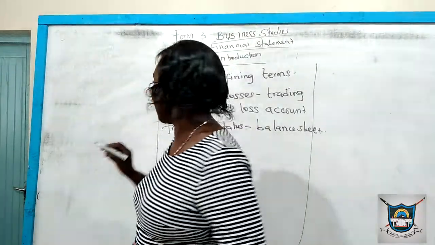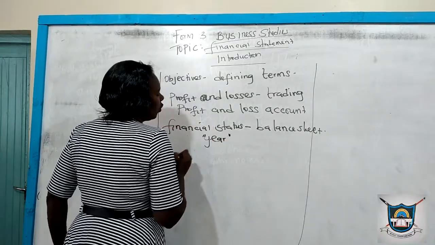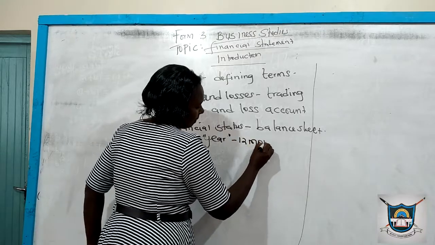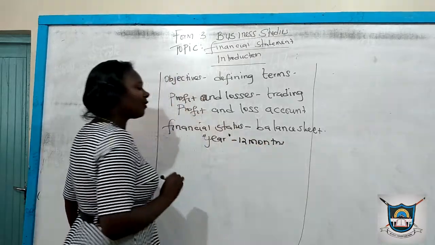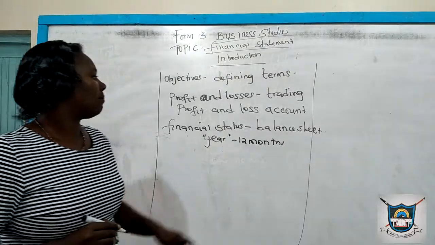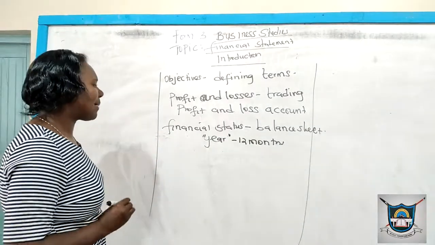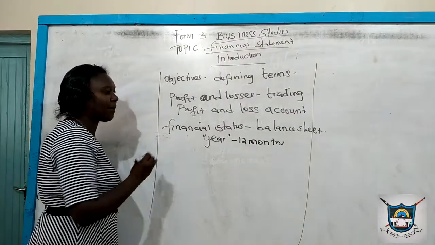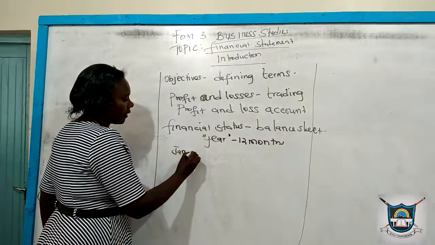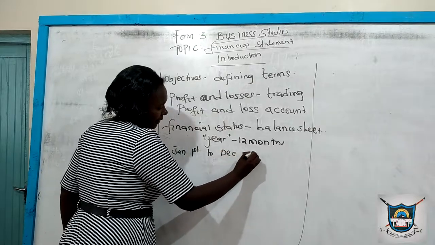So in this topic, the word year will mean 12 months. It does not mean from January to December. It will be used to indicate a period of 12 months. For example, some businesses may start determining the performances of their business from January 1st to December 31st.